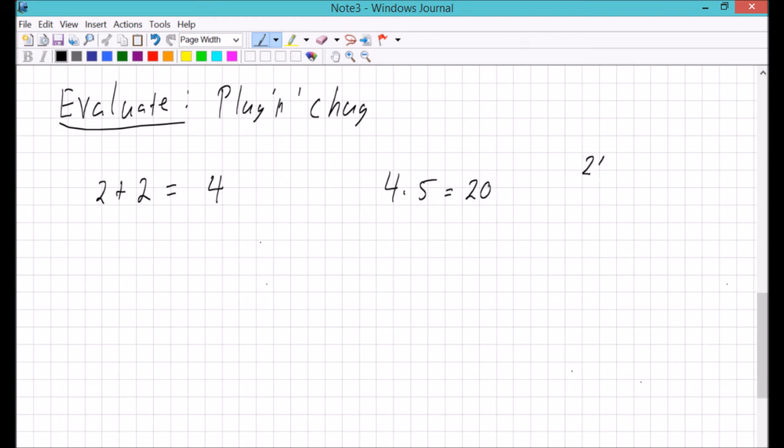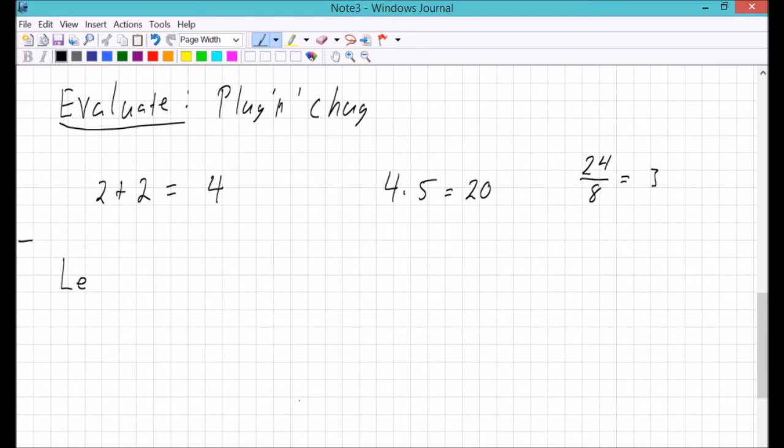What about 24 divided by 8? Well, if you evaluate it, you get 3. So each of these is an example of a numerical expression being evaluated. Now, what about an algebraic expression? So let's take a look at that.